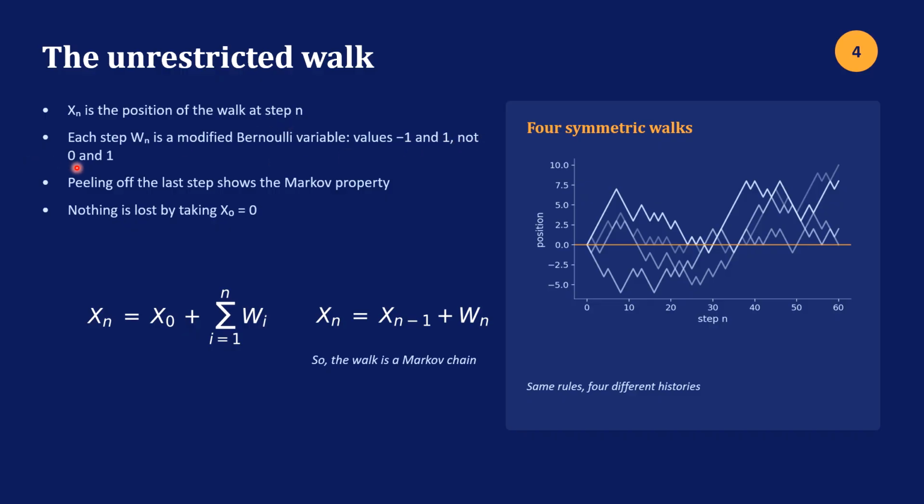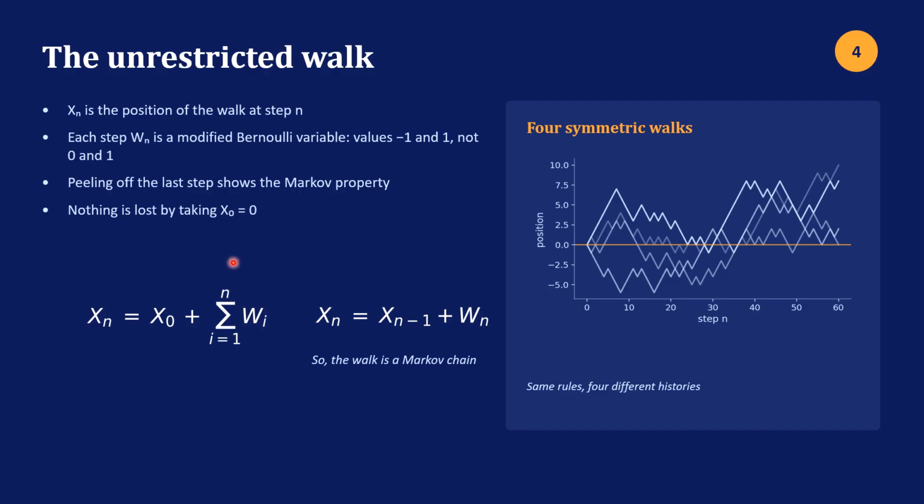Typically, Bernoulli is 0 or 1, but we can make it -1 and 1 to represent -1 as going left and +1 as going one step in the right direction. Then we can write it down like this. So the position at step n, this random variable, is the initial starting point x sub 0 plus the sum of the modified Bernoulli variables from the first step up to the nth step.